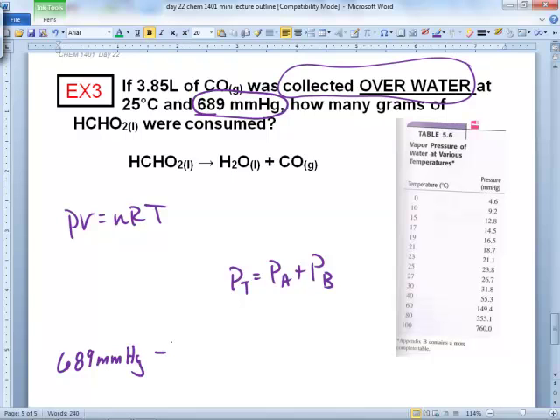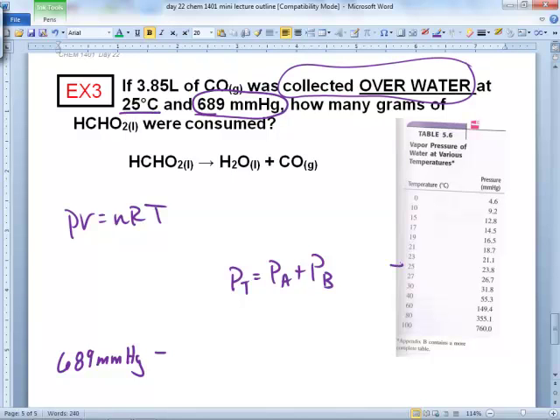Take away the water pressure. Which number should I be subtracting? Jessica, which number should I be subtracting? Can you read it? We are at 25.